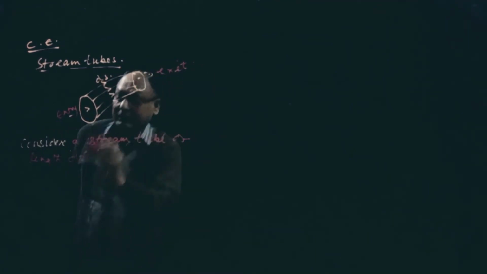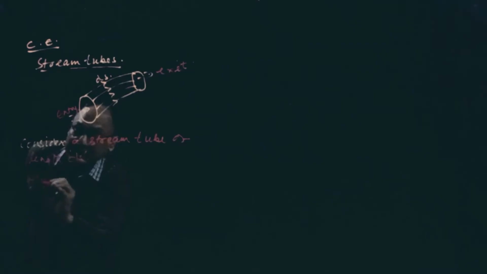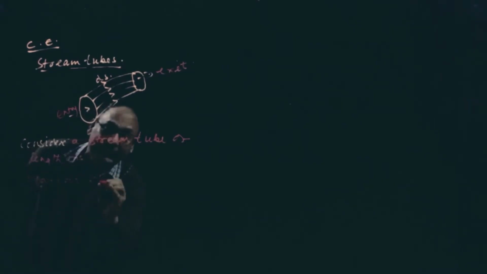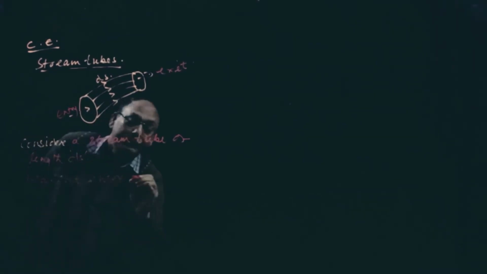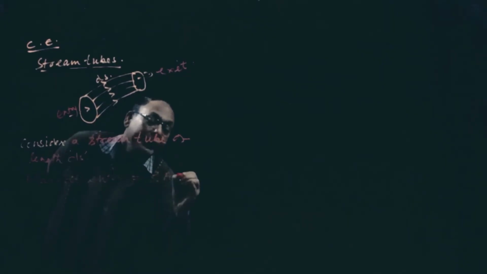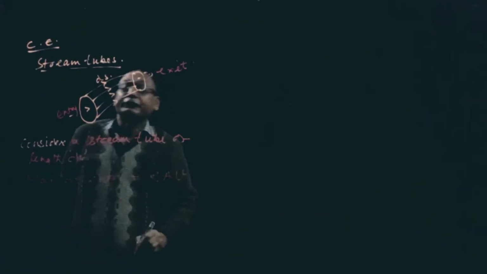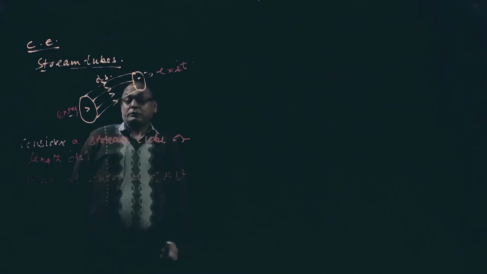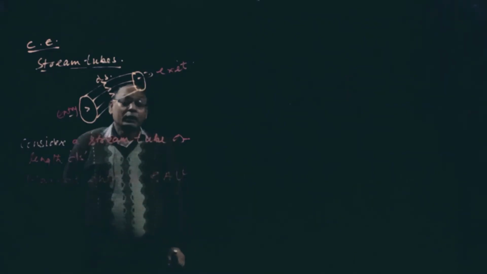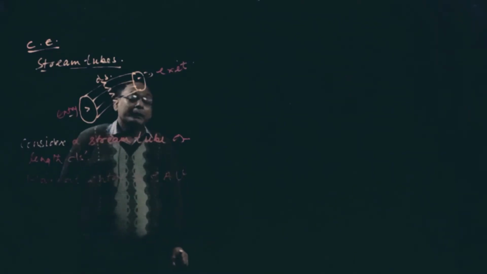So the mass at entry will be equal to rho a b, the continuity equation, that is m dot. Mass at entry is rho a b.